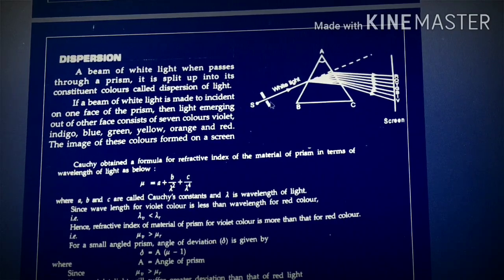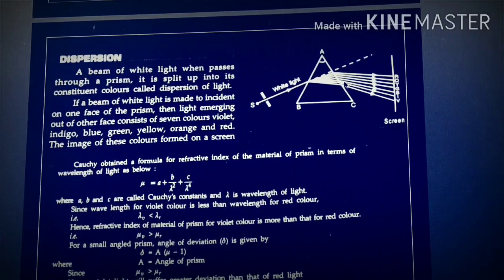This is the slit. If a beam of light is incident on one face of the prism, the two refracting faces being AB and AC, in this case AB is the face on which the light is incident.